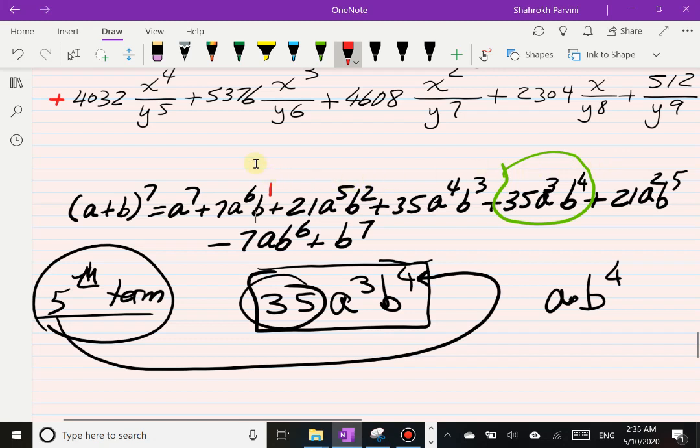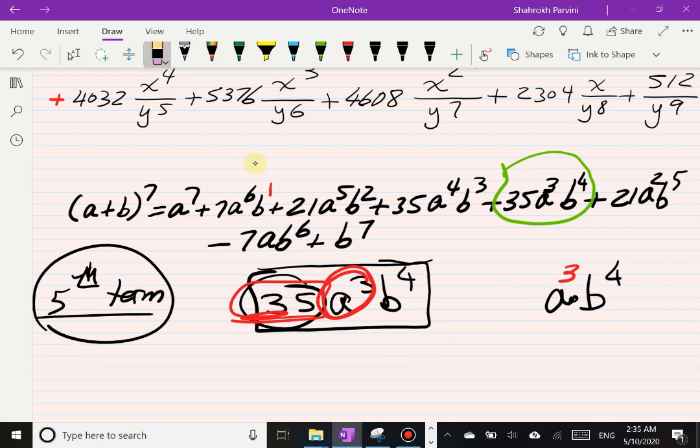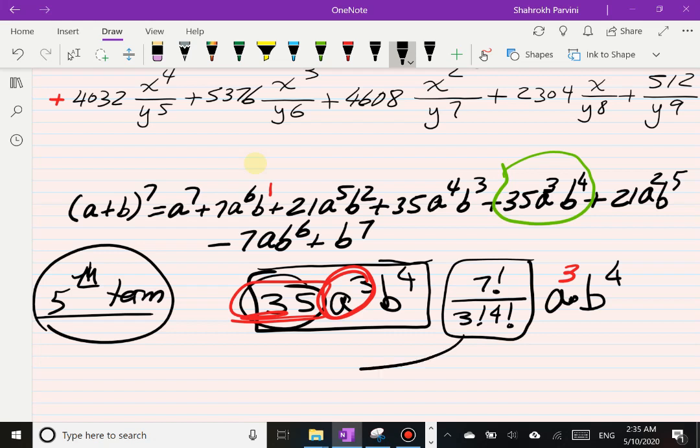So this is 4, so that means the exponent on a must be 3 to add up to 7, which is exactly what this is. Now that 35 in front, how did we get that 35? Well, that's when we had a fraction. We had 3 factorial, 4 factorial, the numerator was 7 factorial, and there you go. That's how we got that 35.